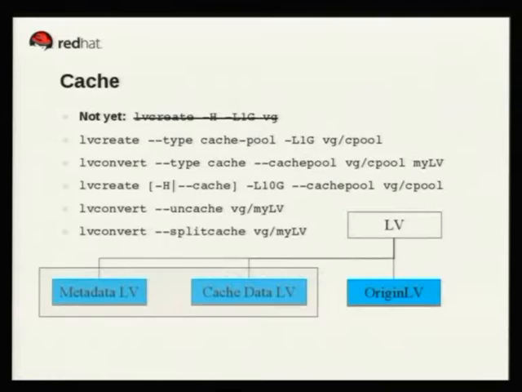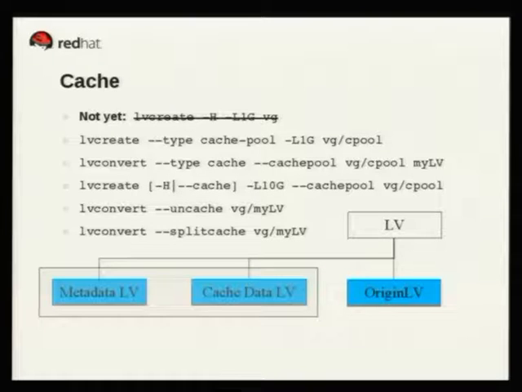Instead of learning something new, we went with the existing pool stuff and mapped the things for the caching. The first line, the one with 1 gig, is not yet supported. It's kind of a harder one. So you still need to go in smaller steps.